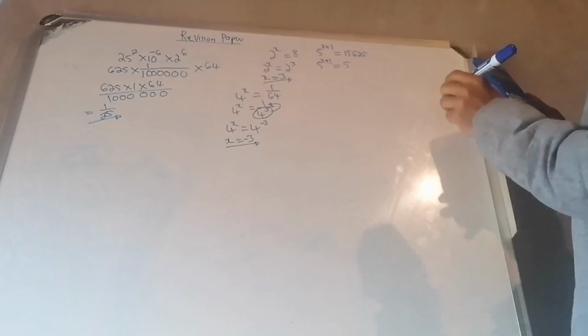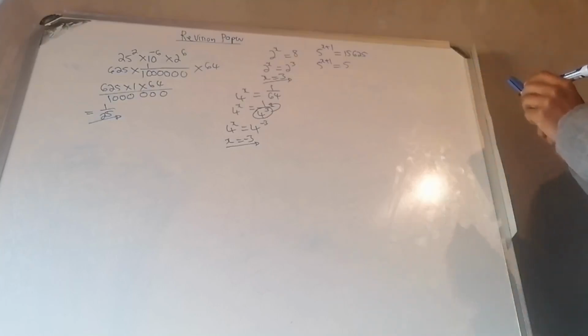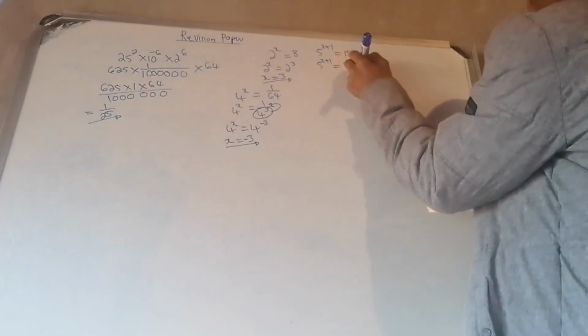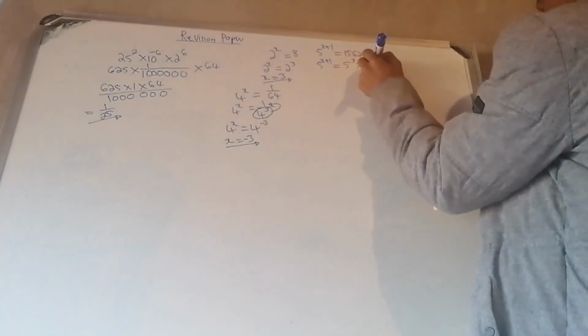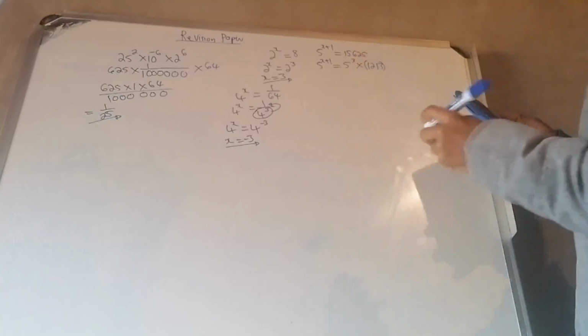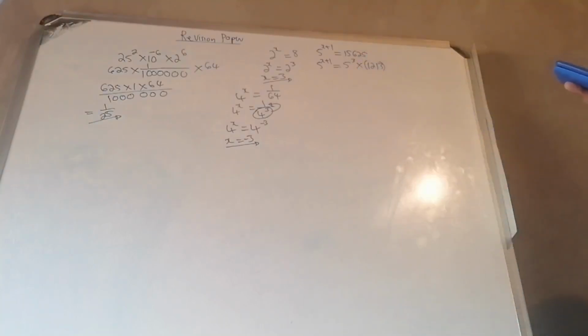For 15,625 we want to get 5x plus 1. 15,625 equals 5 three times, 1 2 1 3. 15,625 equals shift fact. But now it is 5 exponent 6.